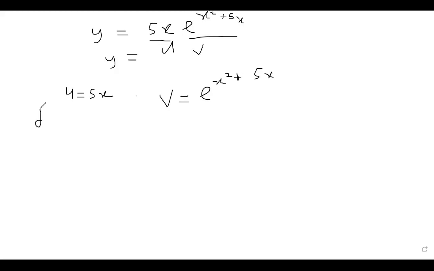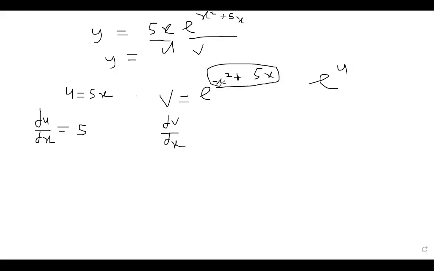Then we are going to differentiate u. So let's differentiate u. du/dx is equal to what? It is equal to 5. Now let's differentiate v too. So dv/dx will be equal to what? You see, this is e raised to power u, where u is this, because it's a compound function on its own.